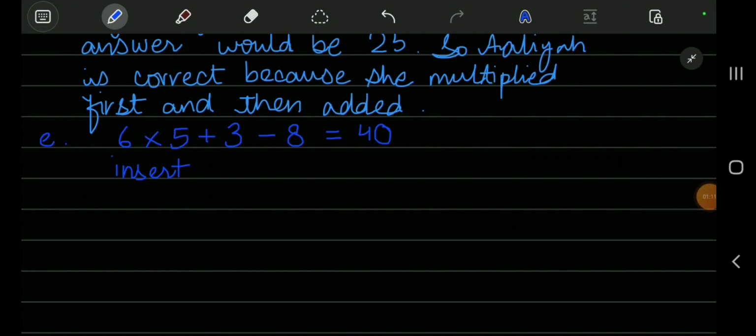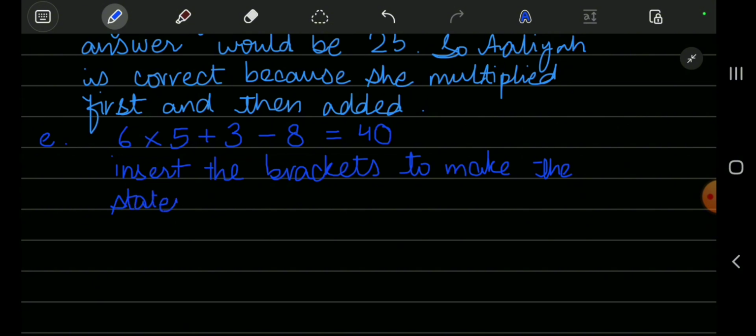Okay, insert the brackets to make the statement correct.